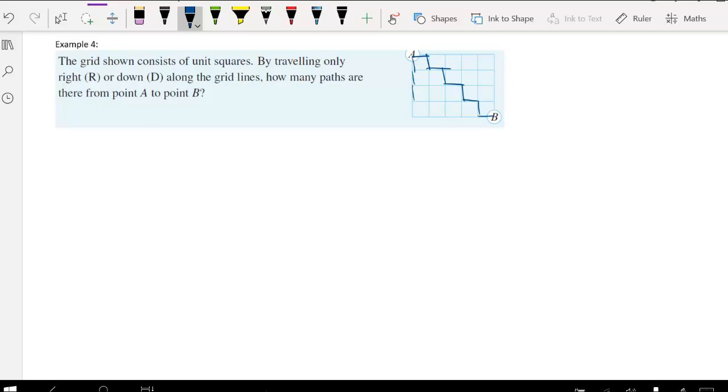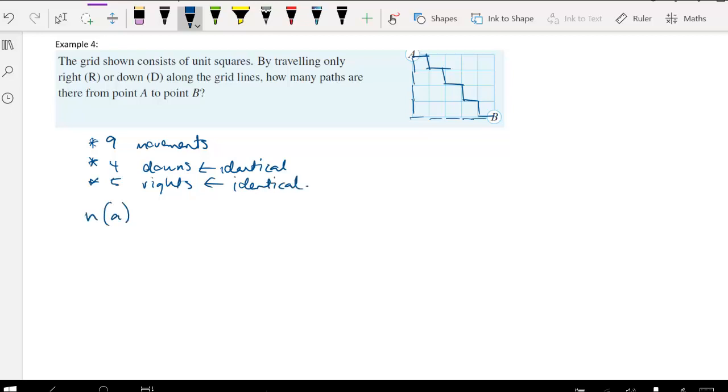And we could go 1, 2, 3, 4 down, and 1, 2, 3, 4, 5 across, or any combination of that. So what I would suggest is that we've got 9 movements that have to occur, where there's 4 downs, which are identical, and there's 5 rights, which are identical.